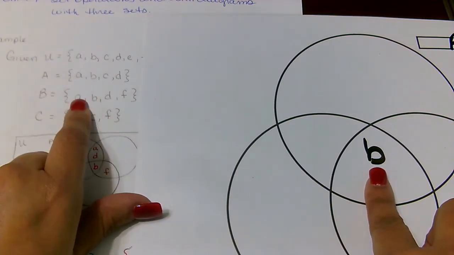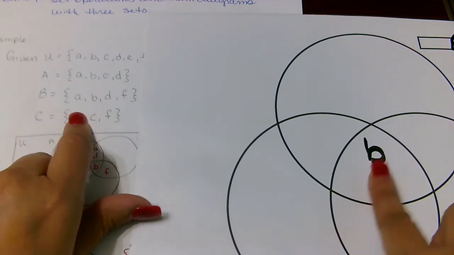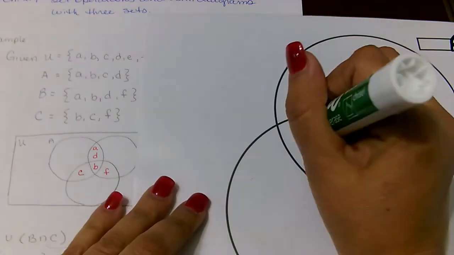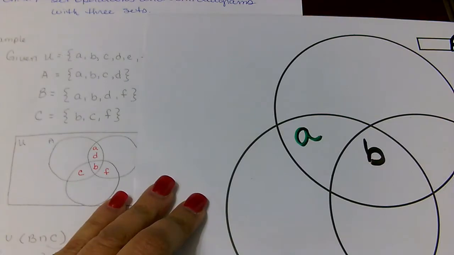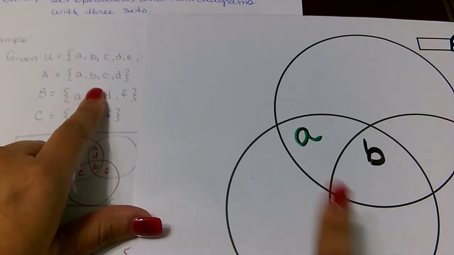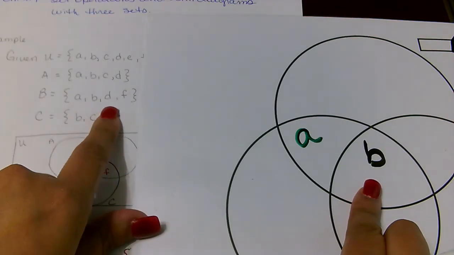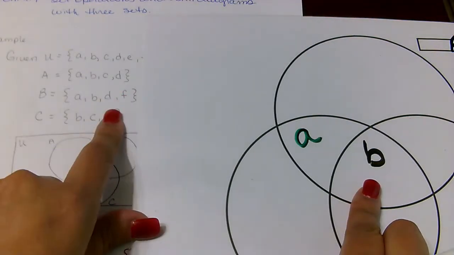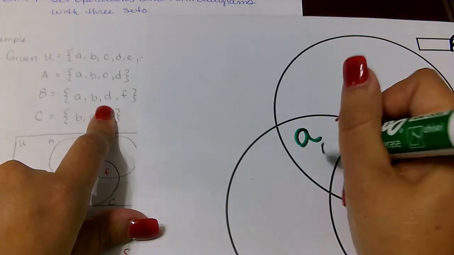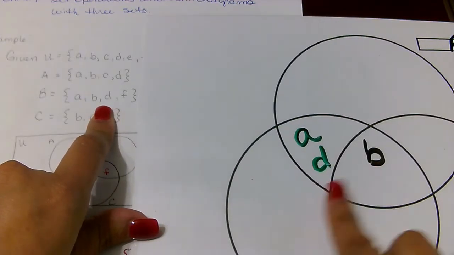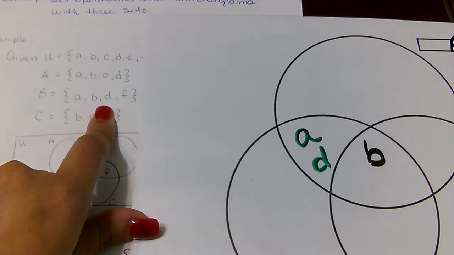So here I have an A and an A that's in common only with A and B. So I'm going to go ahead and put my A here. Okay. B is already listed. C I have here and not here. And D I have in both sections too. So I have 2 elements in common with A and B only.